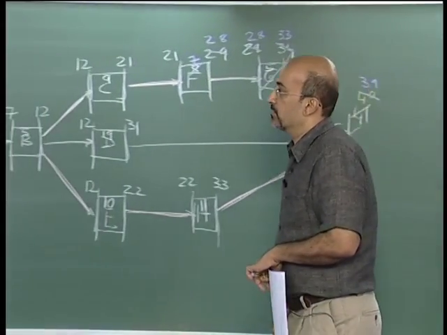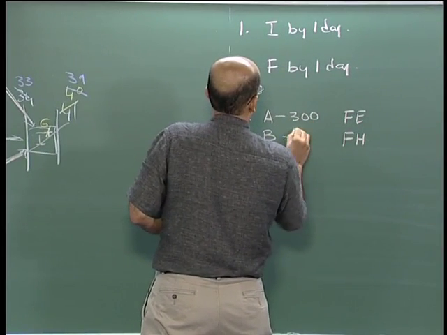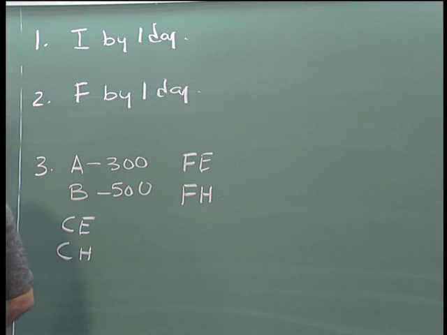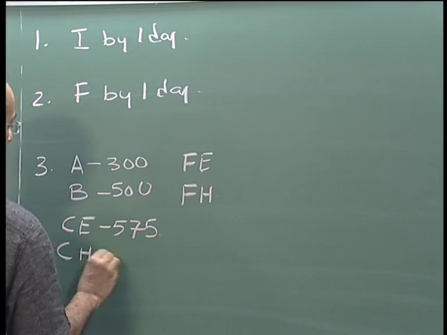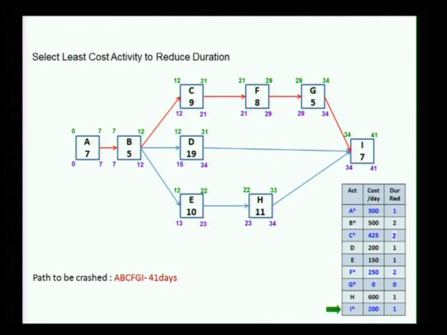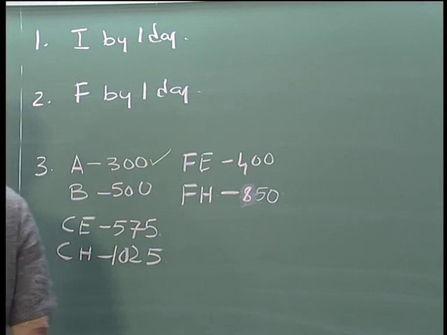Okay, so what are the costs? You can read it from there. A would be 300, CE is 575, FE, okay, so we have all these combinations, and obviously A at 300 is the least expensive.